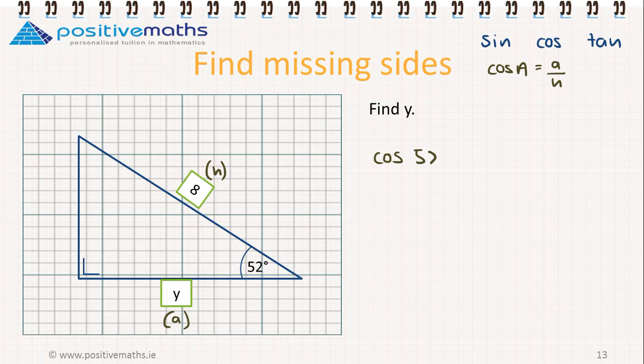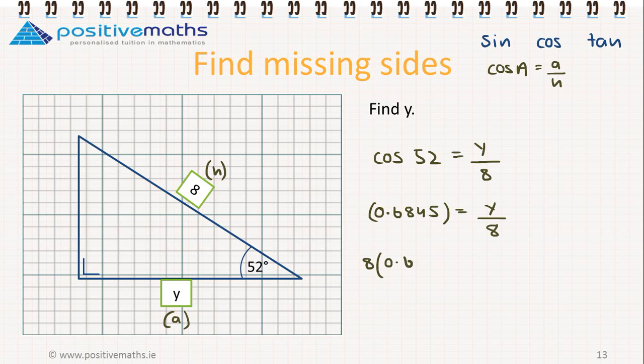So cosine of the angle, cosine 52, is equal to adjacent over hypotenuse. And again, we just solve for y. So we go to our calculator, we find the cosine of 52 is 0.6845. So that's equal to y over 8. So I multiply both sides by 8 to find y by itself.